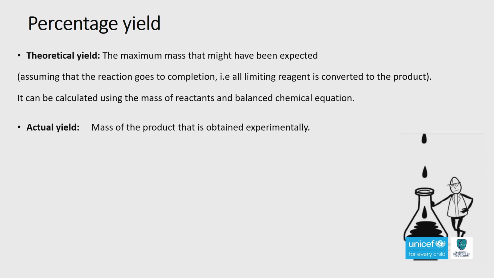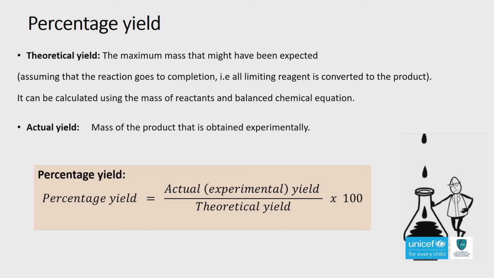Theoretical yield is the maximum mass that you expect from any chemical reaction based on its stoichiometric equation. Actual yield is the amount that you obtain from the experiment or from the process. So this equation is important: percentage yield equals actual yield over theoretical yield, times 100.